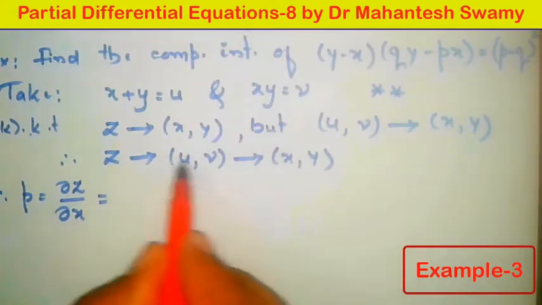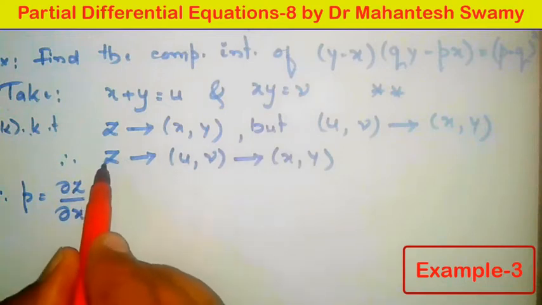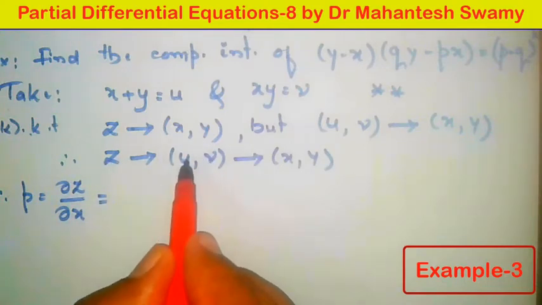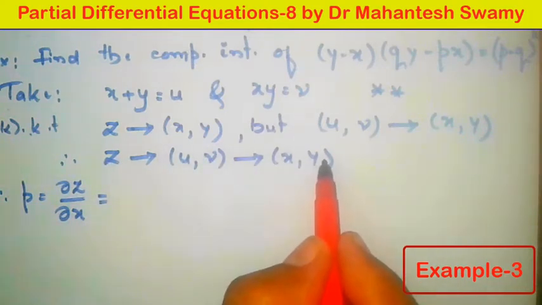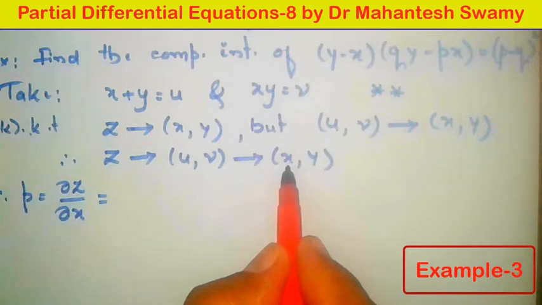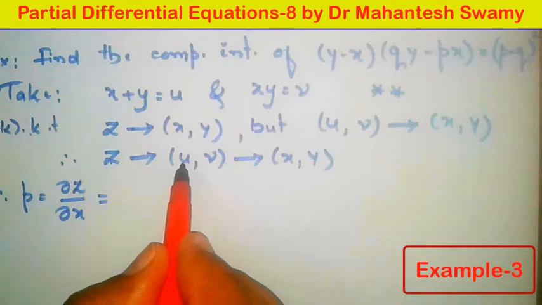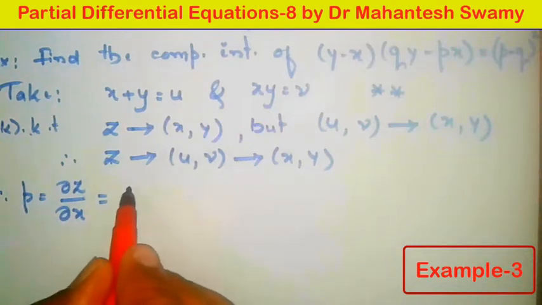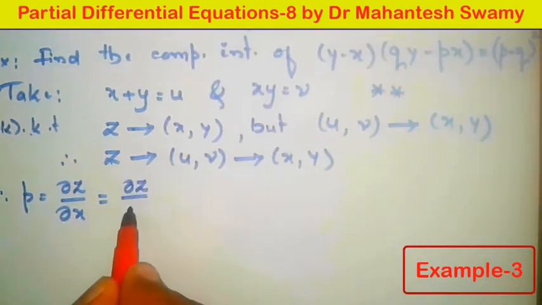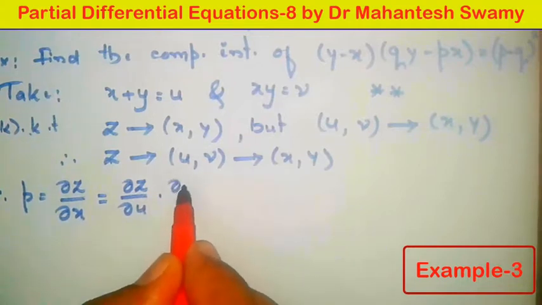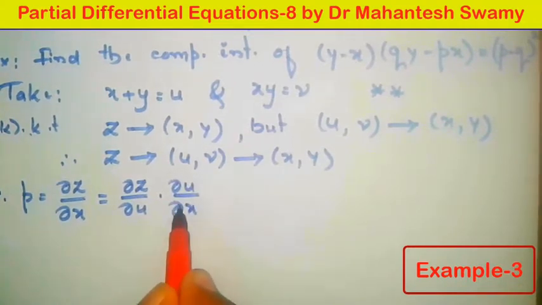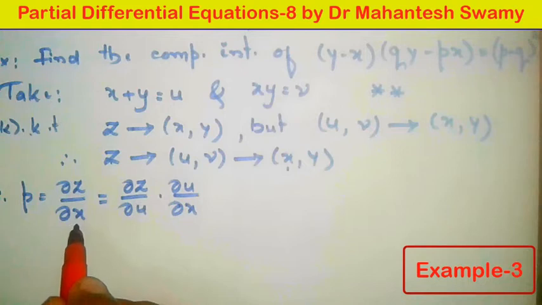From this we come to know that z is a function of u and v, and u and v are functions of x and y. So when we want to differentiate with respect to the first independent variable, we have to differentiate z with respect to both of these members. So that is ∂z/∂u into ∂u/∂x. That is the first member with respect to which the differentiation is going on.